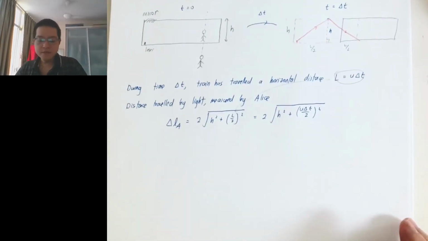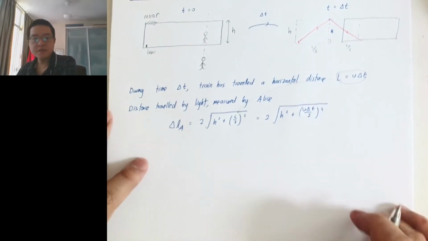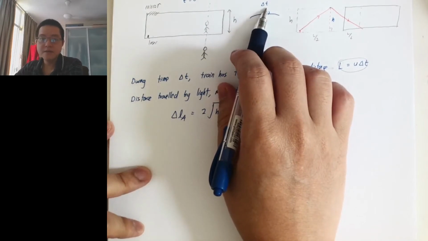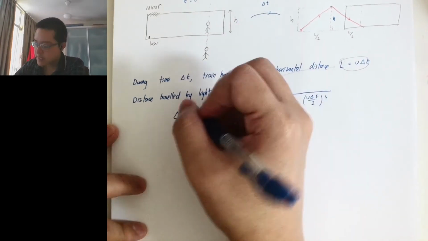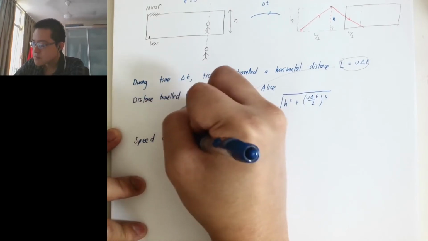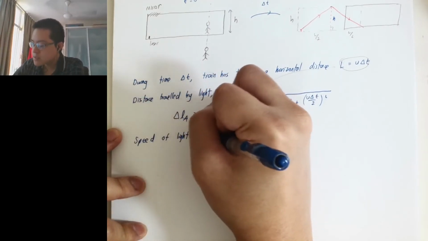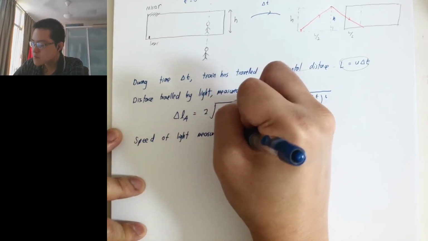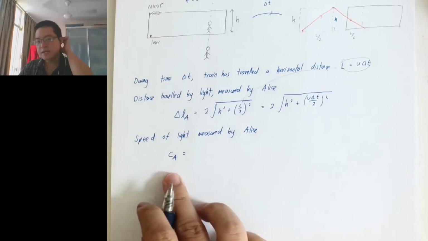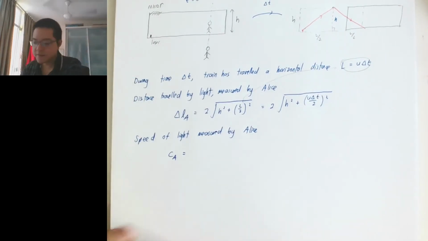Okay, so this is the distance traveled by the light, and given this distance, and I know the time interval, so what is the speed of light measured by Alice? It is c_A, but of course it should be the same for everyone, but let me say c_A first.